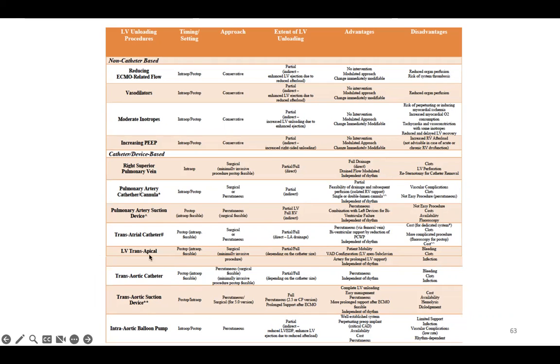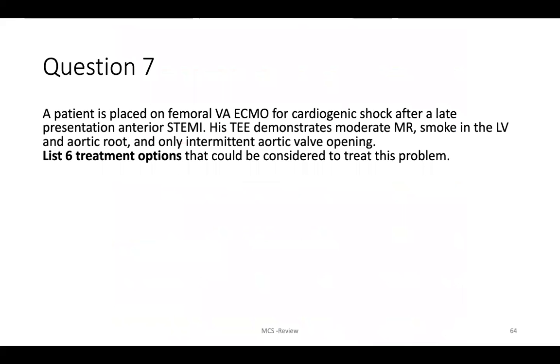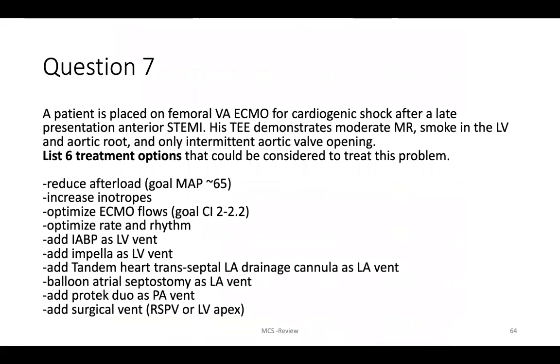You can use the apex of the left ventricle. You can use a transaortic catheter or transaortic suction device, like an Impella axial pump, or the intra-aortic balloon pump. So I think it's a pretty exhaustive table of all the strategies to unload the LV. And I think that answers the final question related to VA ECMO and LV distension.